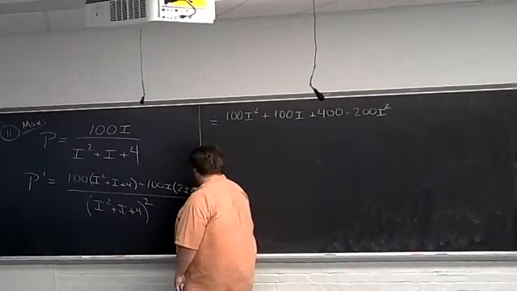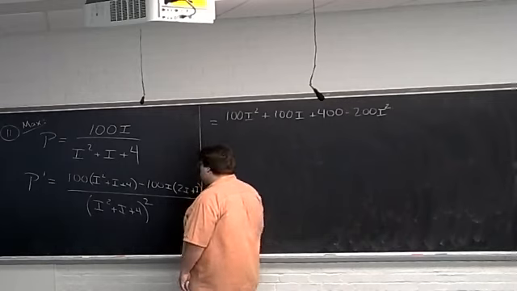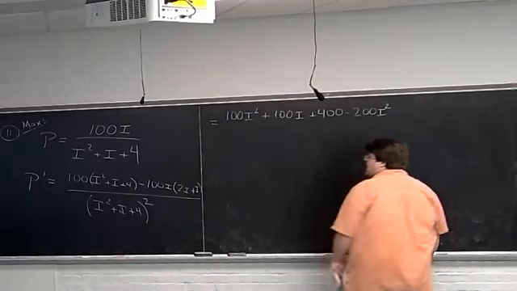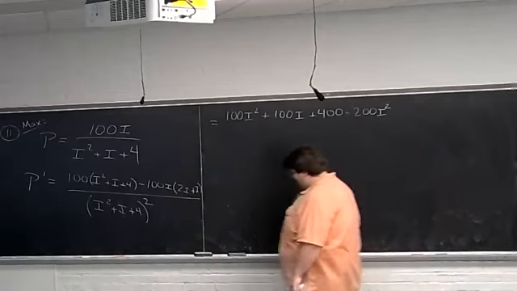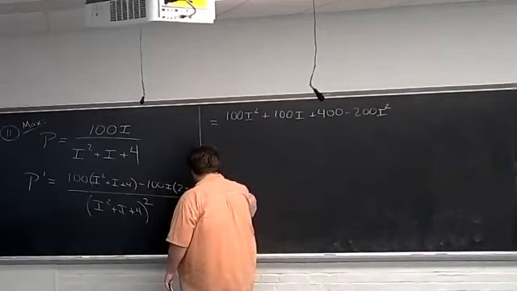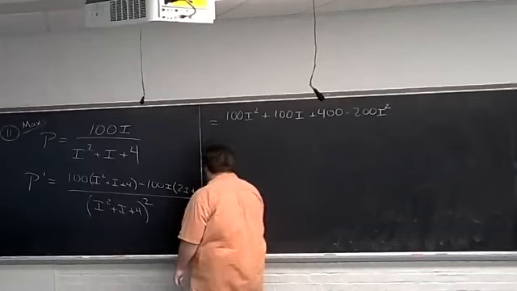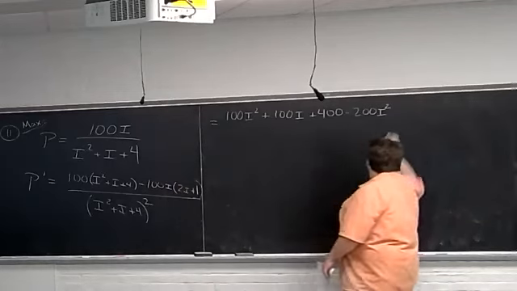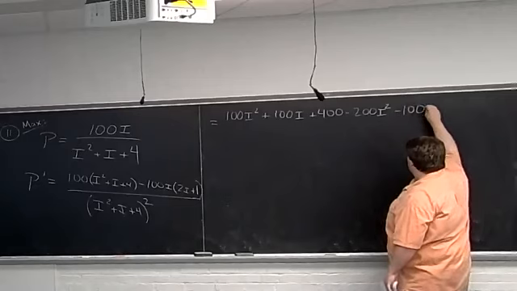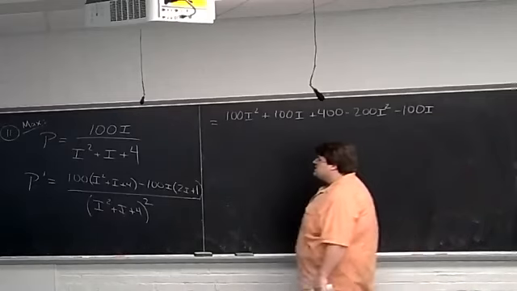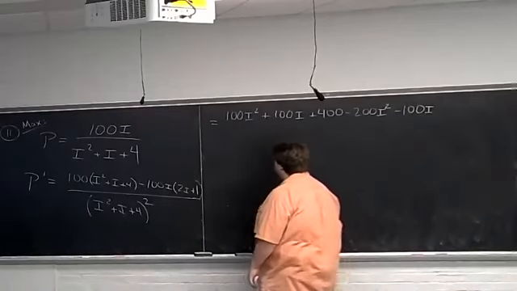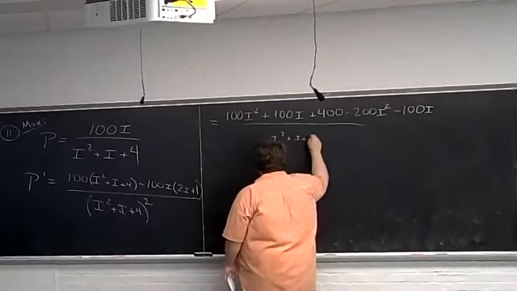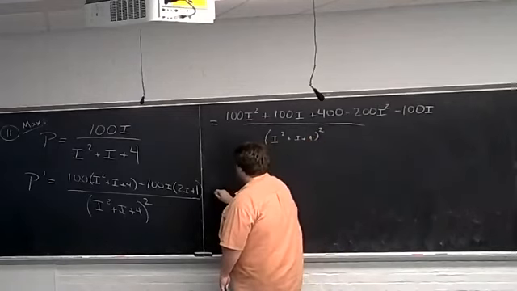The derivative of I is 1. So here, notice I didn't say it, our variable is I, we differentiate with respect to I. Same thing. I and 1 are very similar. 1. Minus 100 I, all over the denominator. Okay, I'll write the whole denominator. What does this reduce to?